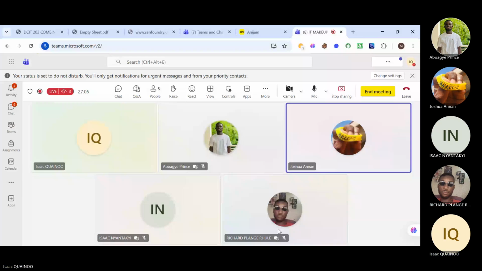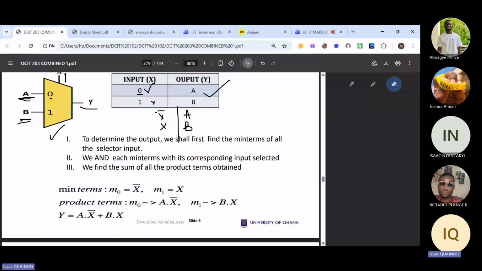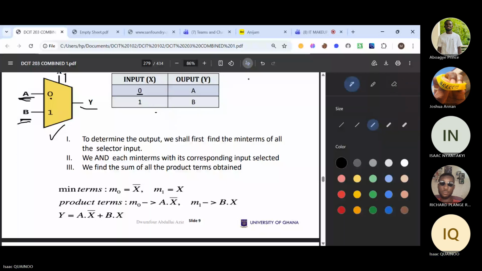Okay, so let's continue. I was explaining how to reduce a logical expression for the multiplexer. In the truth table, you have your S0 and the corresponding data out.